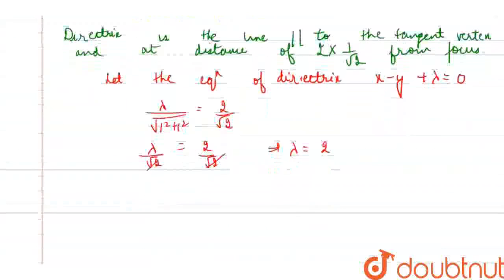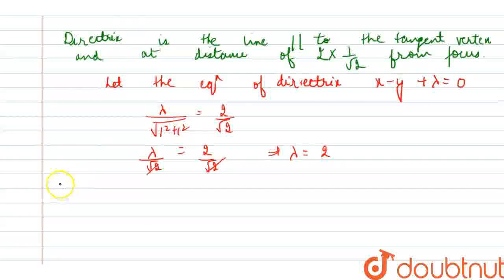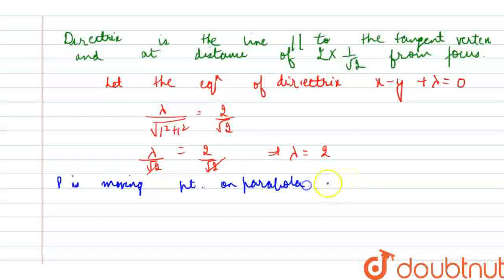So P is a moving point on the parabola, which is having coordinates (x, y). Therefore OP is equal to PM, as we discussed in the figure.